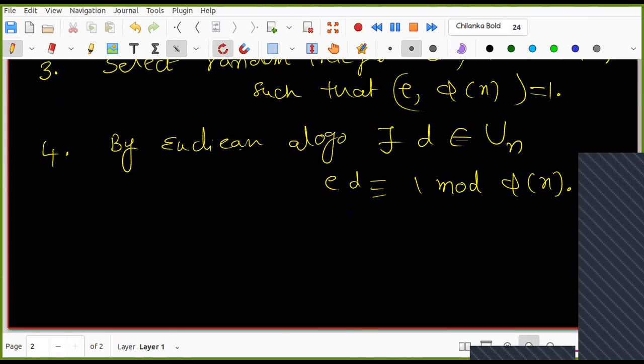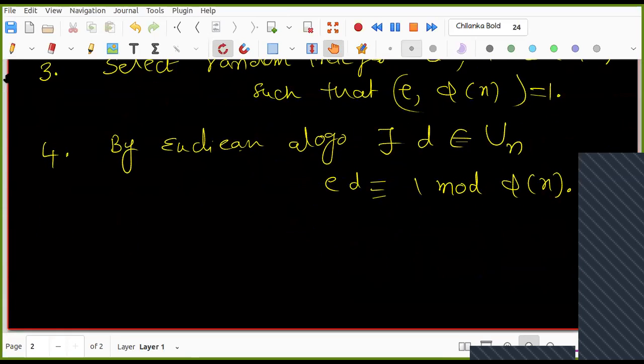So by Euclidean algorithm, there exists d such that E into D equal to 1 modulo phi n, correct? Right. So now, once we have these things, clearly 1 is less than D is less than phi of n, and ED equal to 1 modulo phi n.